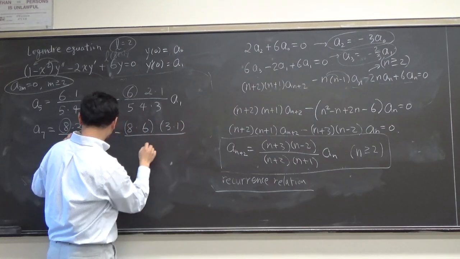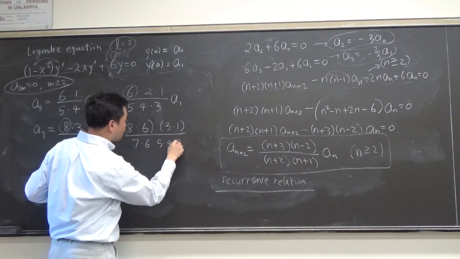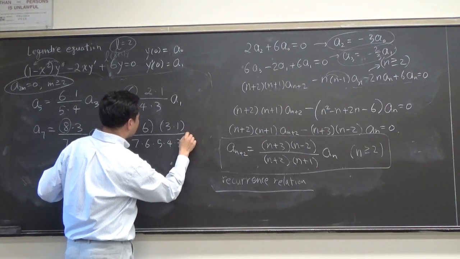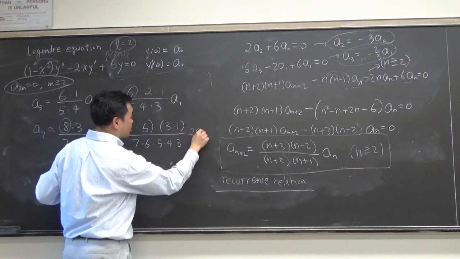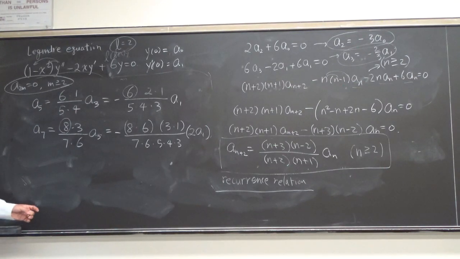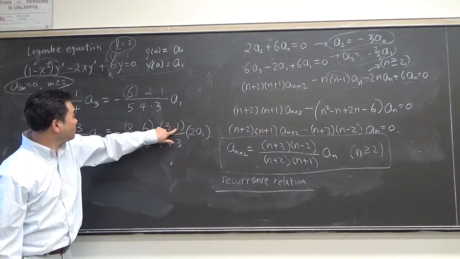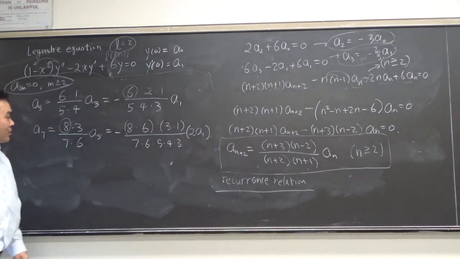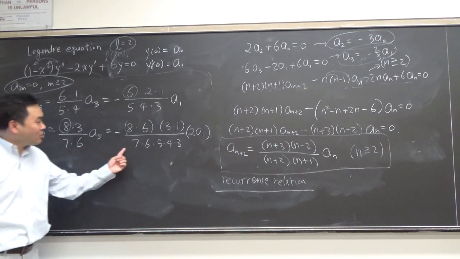Sorry. 7 times 6 times 5 times 4 times 3. And then I'm missing a 2 here, right? Right, so 8, 3, 8, 3, and then 6, 1, 6, 1, and there's a 2 I'm going to split off. Okay. All right, so I like this because now I see a pattern in the denominator.